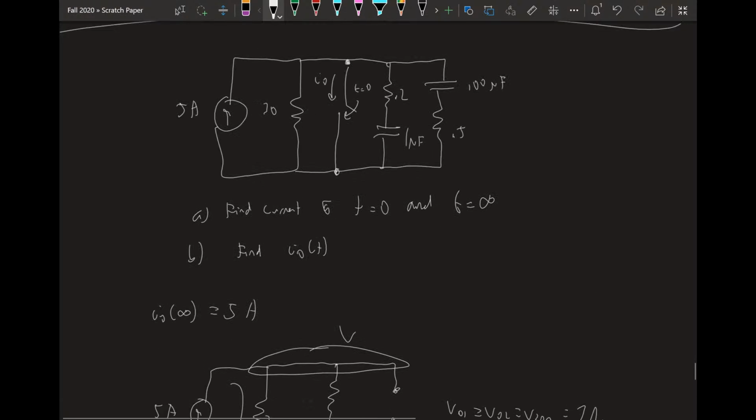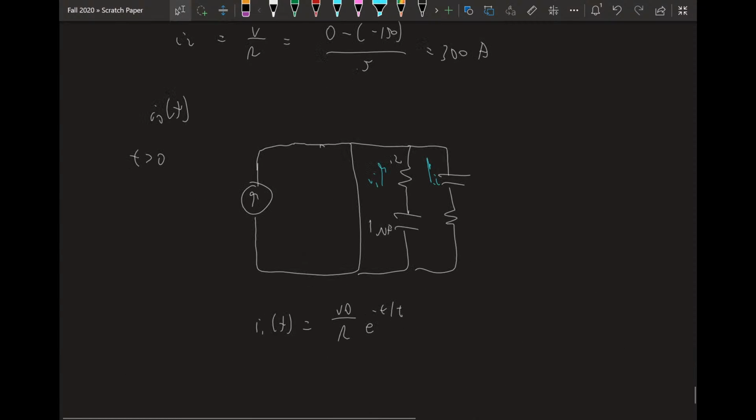Let me go back up here and find. Yeah, 1 microfarad, and this is 100 microfarads with a 0.5 ohm resistor. So when we plug in all those values for I1, with tau equaling RC, this equals 750 e to the negative 5,000,000 t.